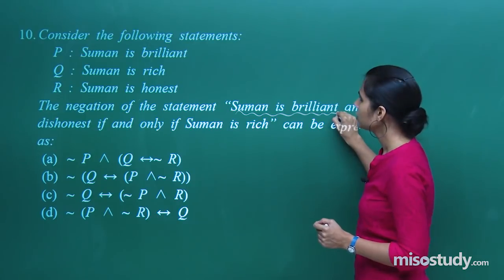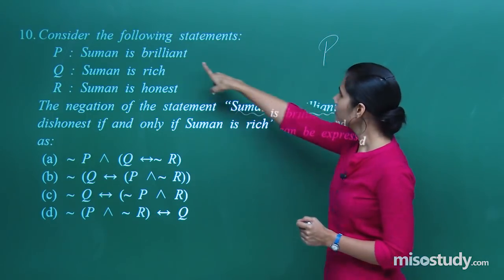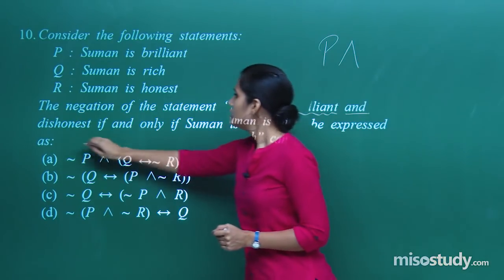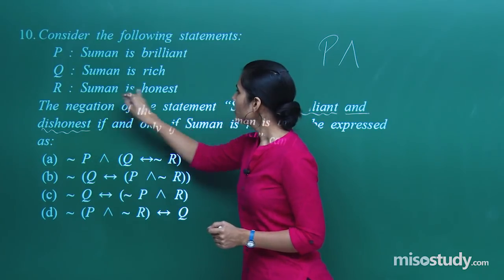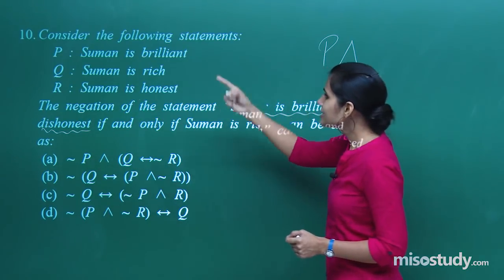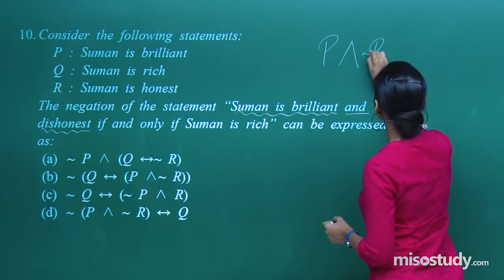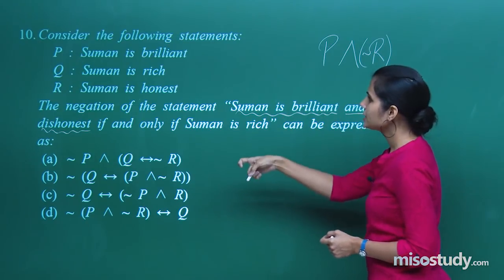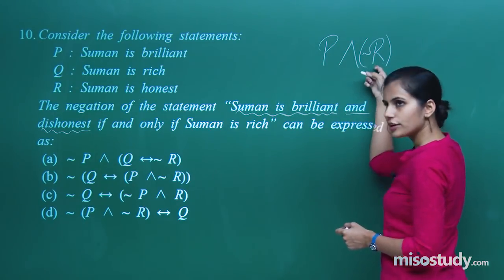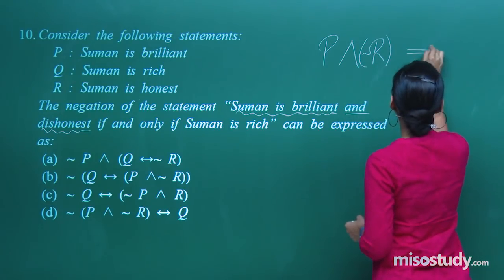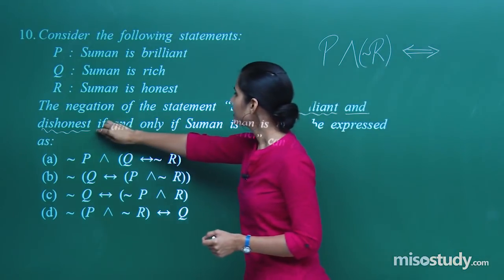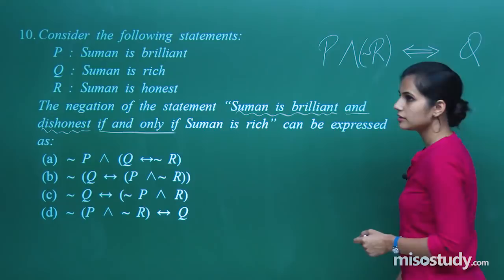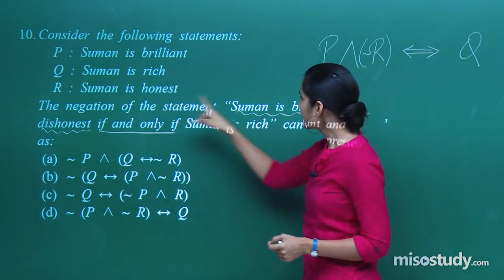Suman is brilliant is P, and Suman is honest is R, so Suman is dishonest will be negation of R. Suman is brilliant and Suman is dishonest, that means P and not R. If and only if, so this is a double implication. Suman is rich is Q. The question is, find the negation of this statement.